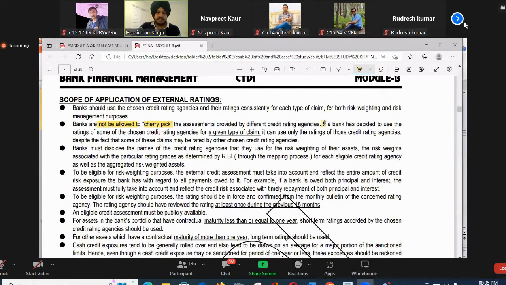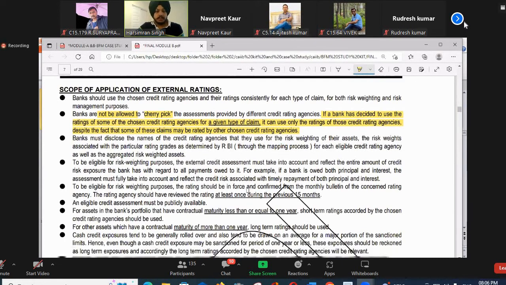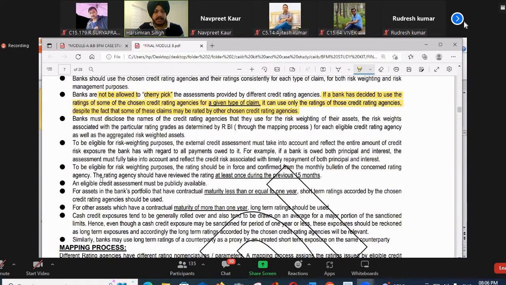If the bank has decided to use ratings of some of the chosen credit rating agency for a given type of claim, it can use only the ratings of those agencies, despite the fact that some of these claims may be rated by some other agencies also. Then the rating agency should have reviewed the rating at least once during the last 15 months.